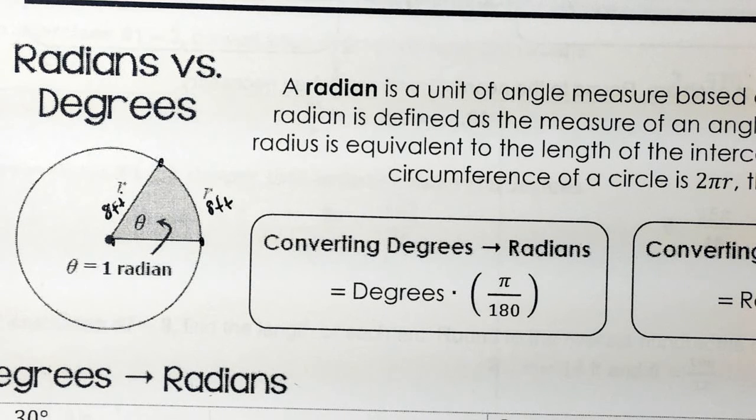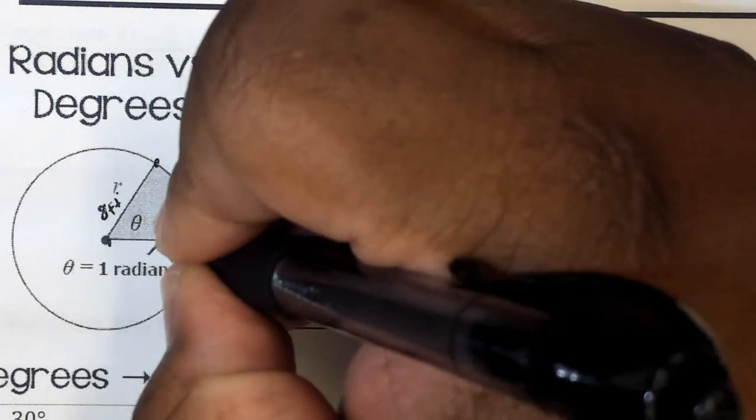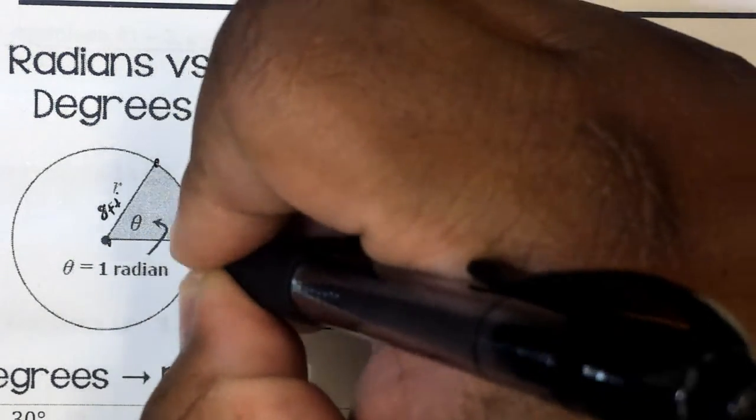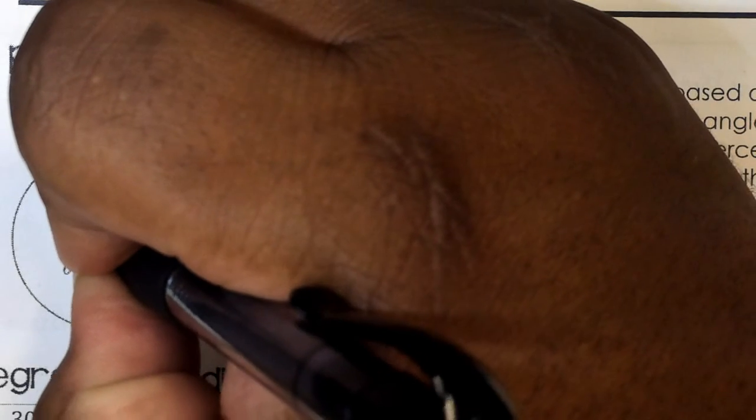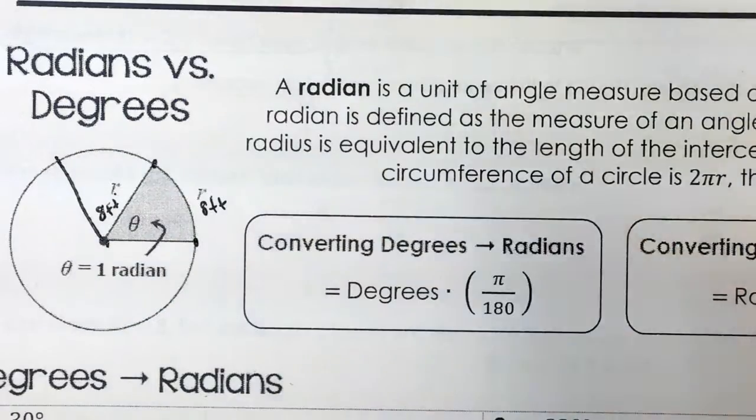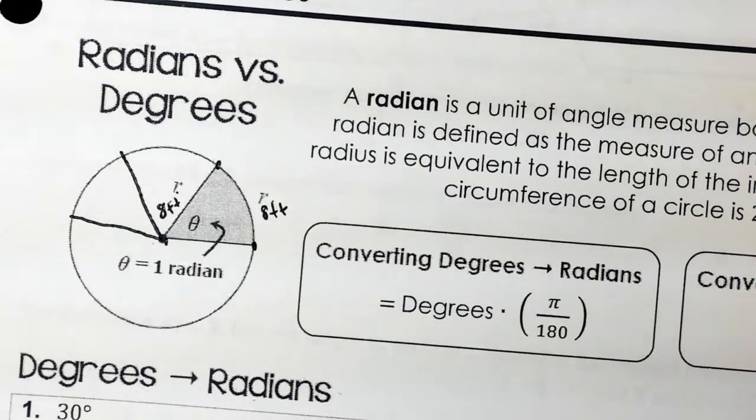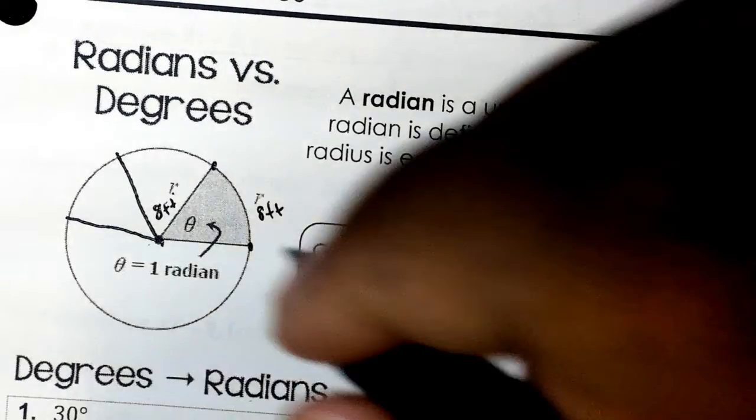Where they get the number pi from, that 3.14, they feel like half of the circle, which is 180, is 3.14 radians. So let me show you what I'm saying. This is 1 radian right here, this little piece of the circle. 2 radians would take me about right here. 3 radians would take me almost to half of the circle, about right there. That'd be equivalent to 3 radians.